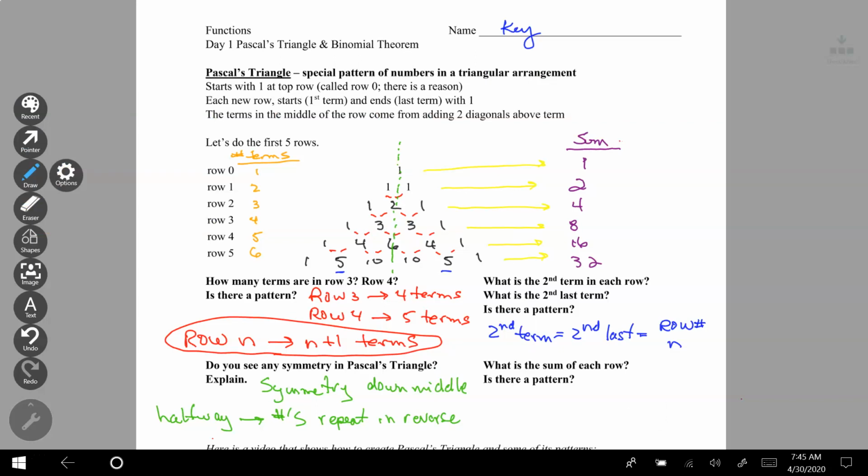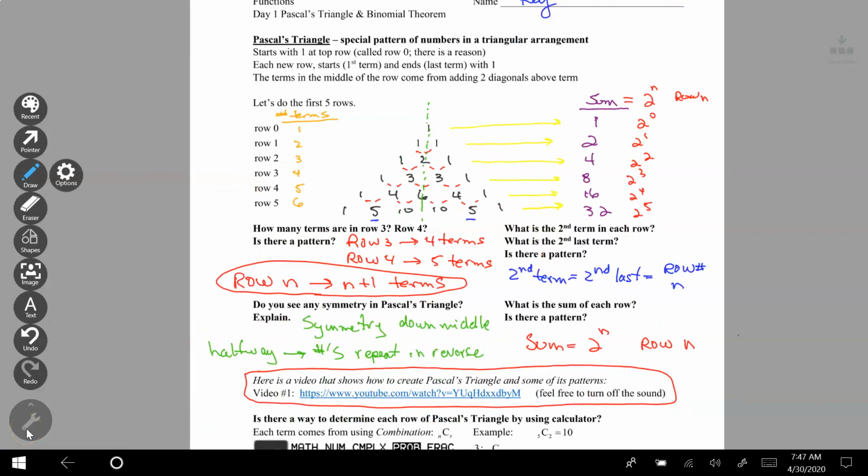Each sum is 2 to the n for row n. This is 2 to the 0. This is why it's called row 0. 2 to the first, 2 to the second, 2 to the third, 2 to the fourth, 2 to the fifth. So is it a pattern? Yeah. The sum is equal to 2 raised to the n for row n.